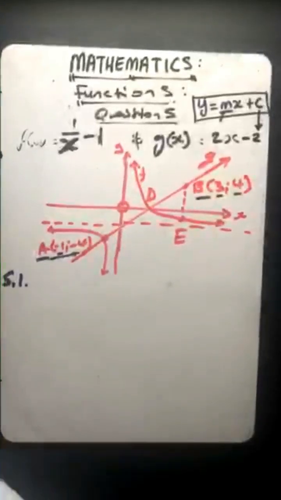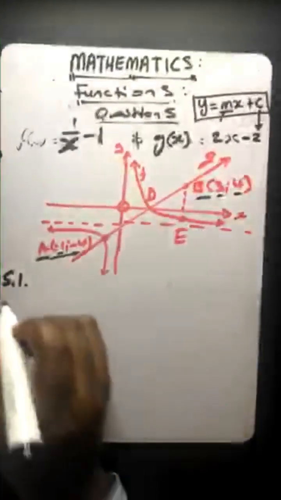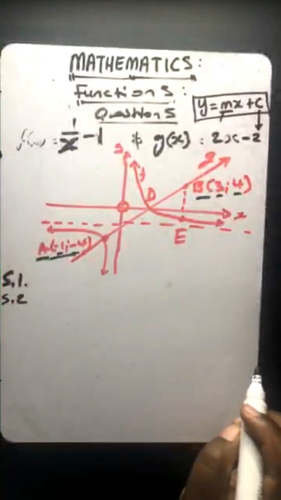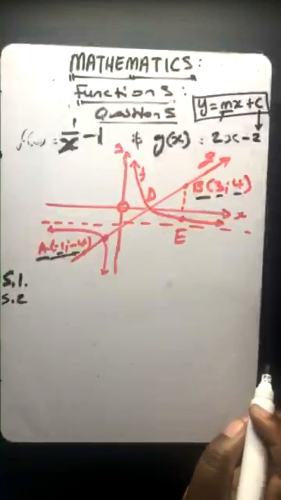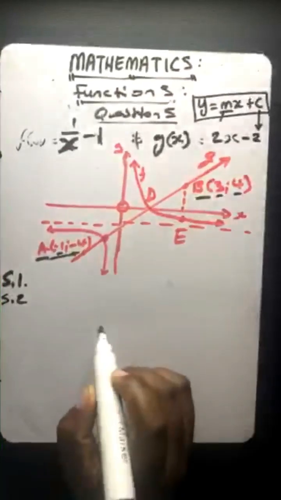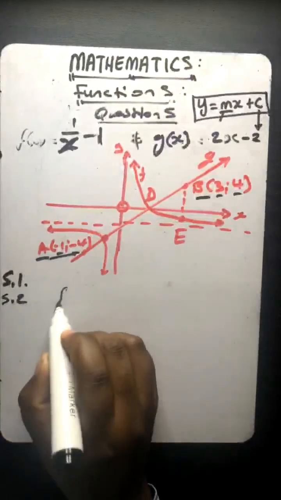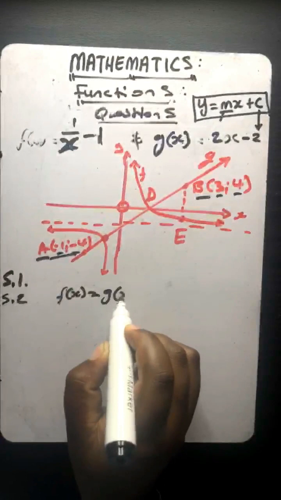Okay, so now on to the next question. 5.2, they say determine the values. Hey guys, that S is very, very important. Determine the values of x for which f of x is equal to g of x.